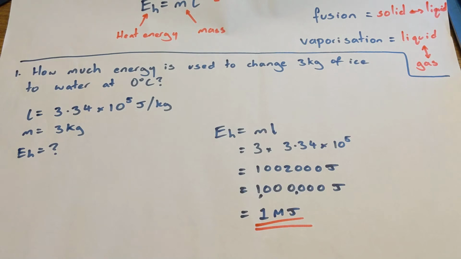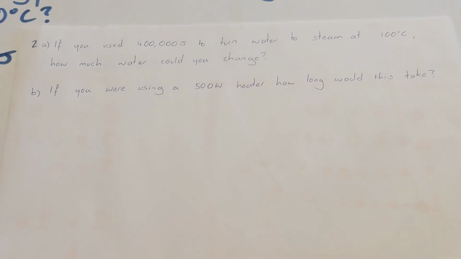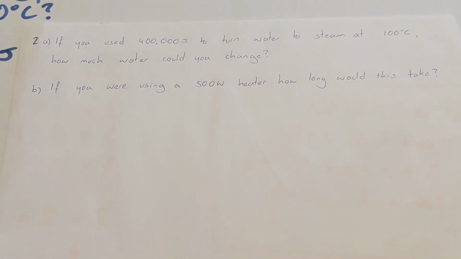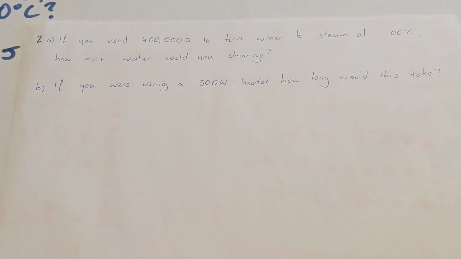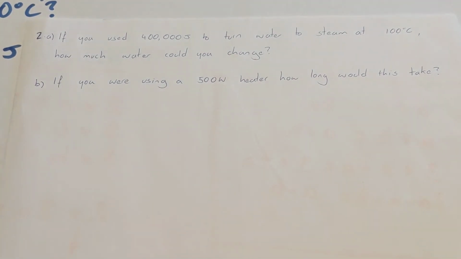We could get a slightly trickier example, okay? So I've written this on a different piece of paper. I'm going to try and zoom in so we can see it properly. Okay, now this question is saying, if we used 400,000 joules to turn water to steam at 100 degrees Celsius, how much water would we be changing?